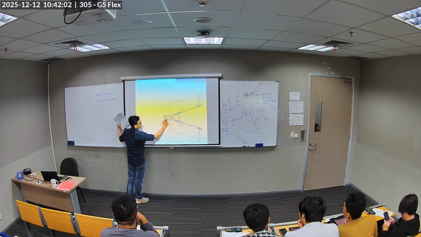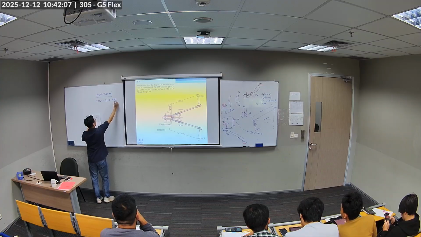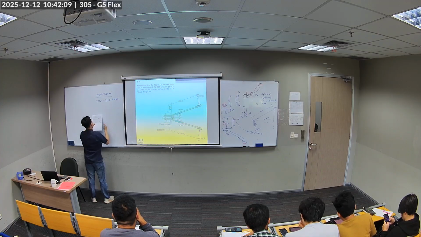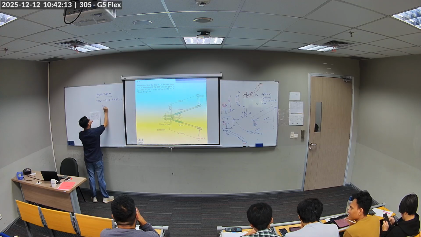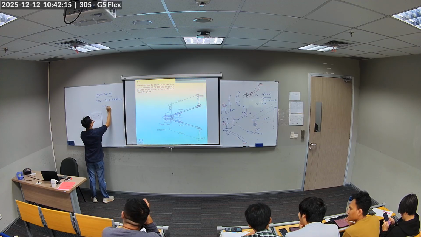This is the pivot point. This is A. Equals 0. And so CY is 28.